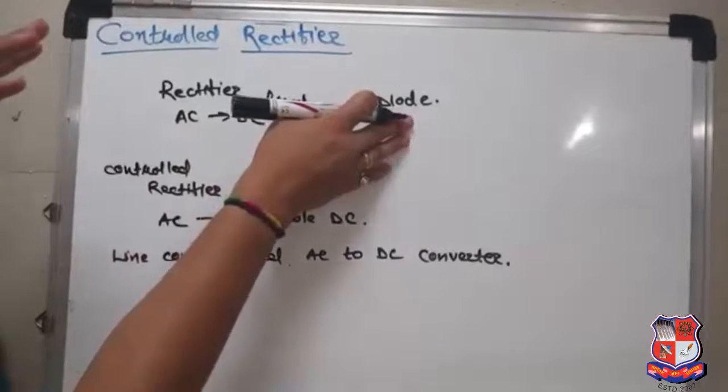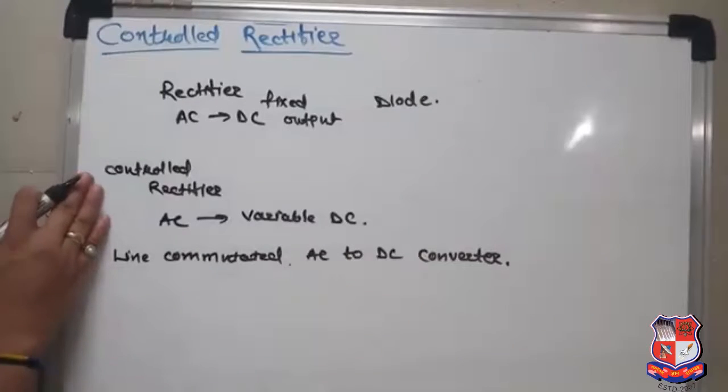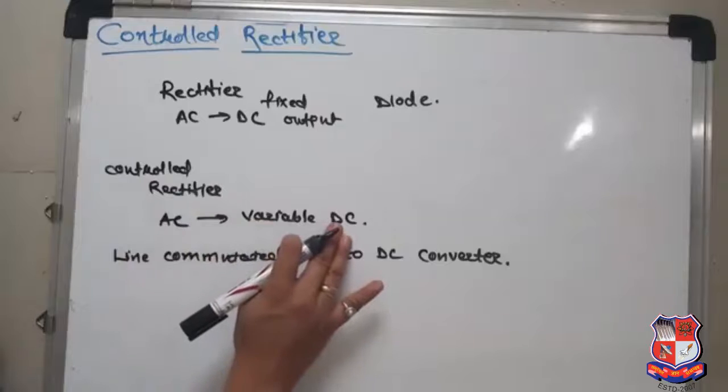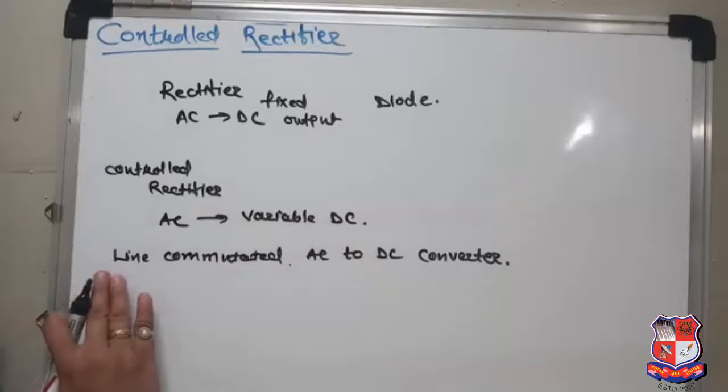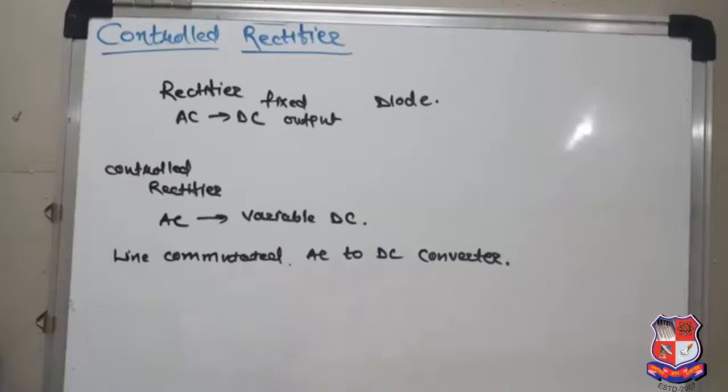Whereas in a controlled rectifier, the input is AC, but you get a variable DC output voltage, and we use a phase control thyristor to control the output voltage.